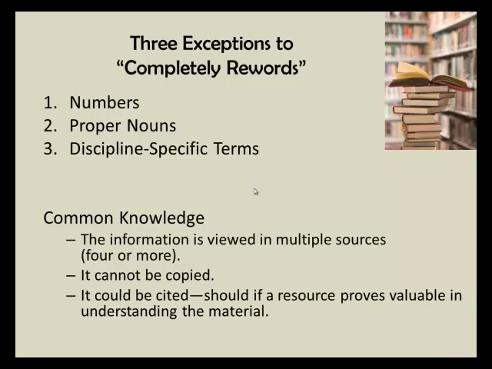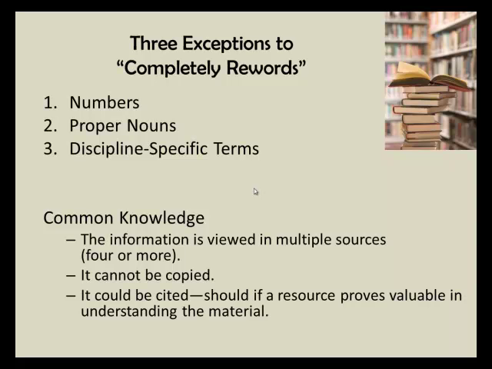For example, to mention that Abraham Lincoln wrote and spoke the Emancipation Proclamation after the Battle of Gettysburg during the Civil War, that's something that is historical in nature and is kind of an American's common knowledge understanding. So you wouldn't need to cite that.